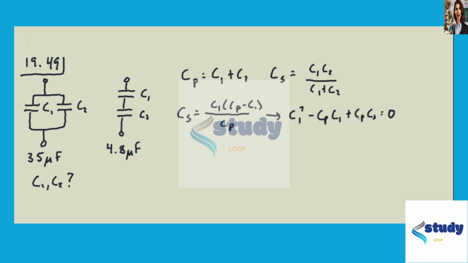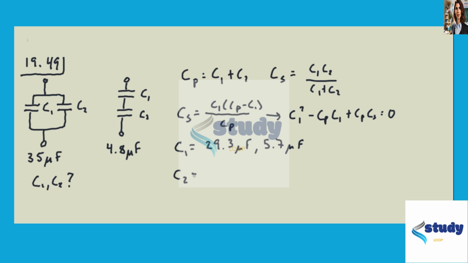And so then we use the quadratic formula, because this is a quadratic equation in C1, to find that the value of C1 is either 29.3 microfarads or 5.7 microfarads. Unfortunately, both of the roots of this are positive, so we can't tell right off the bat which one is right.